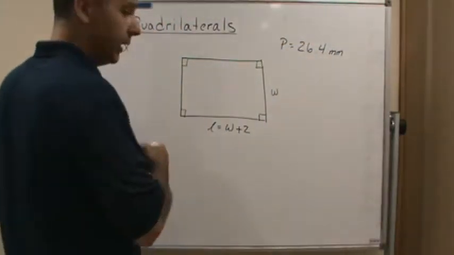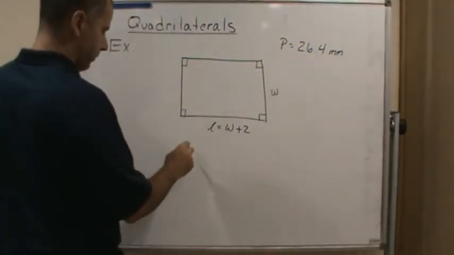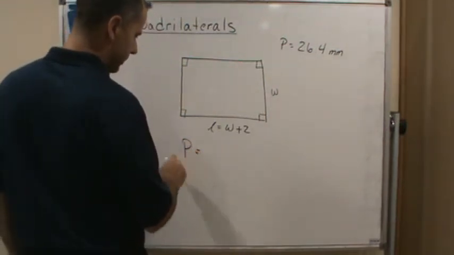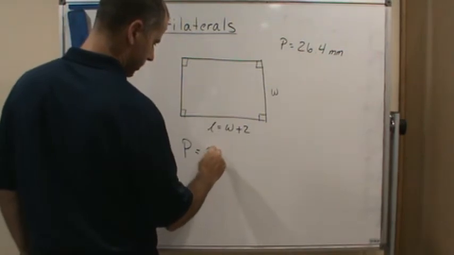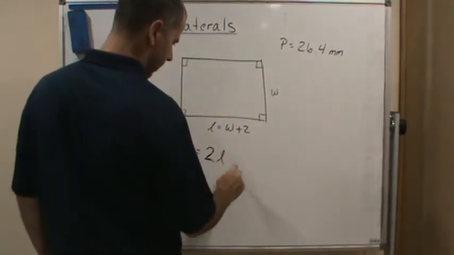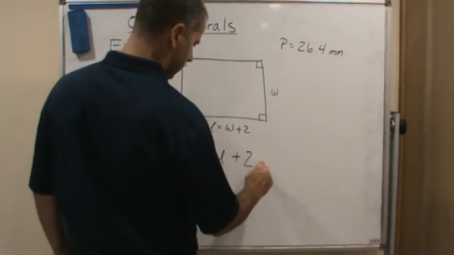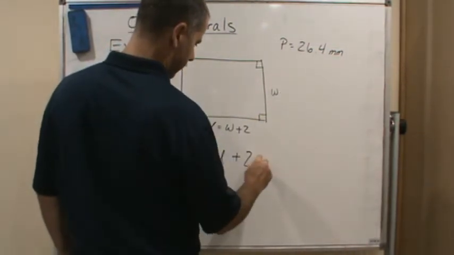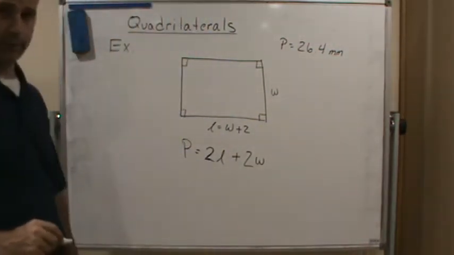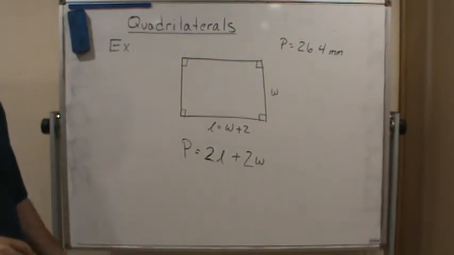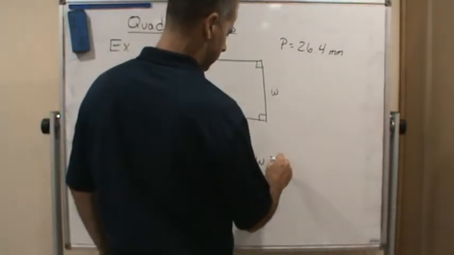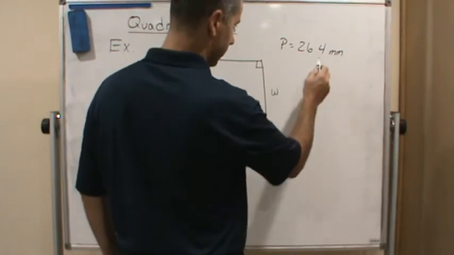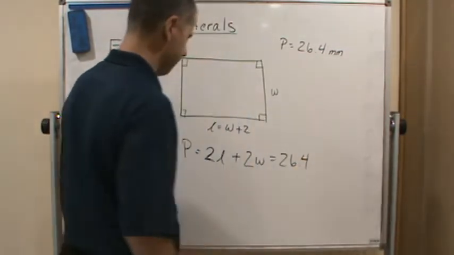So the formula for the perimeter of a rectangle is 2 times L plus 2 times the width. That's the formula for the perimeter of a rectangle, right? So now this I know is equal to 26.4. That's what they told us up here, 26.4.